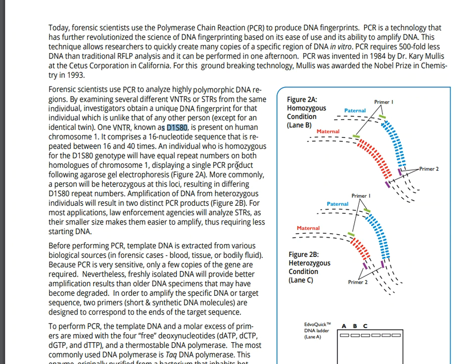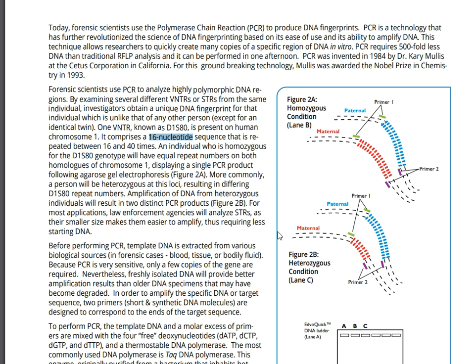And it says that this variable, a little bit larger region, is actually 16 nucleotides long. So that's 16 nucleotides, aka 16 base pairs. That 16 base pair sequence is repeated between 16 to 40 times. If you're homozygous for the genotype, you will have equal repeat numbers on both of what we call the homologs of chromosome 1, and that will give you a single PCR product when you put it into the electrophoresis.